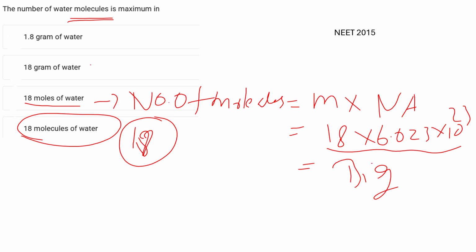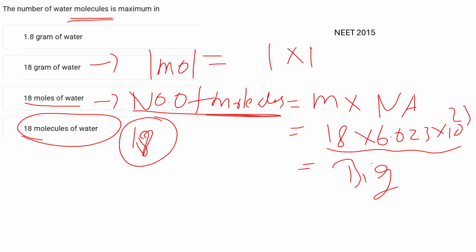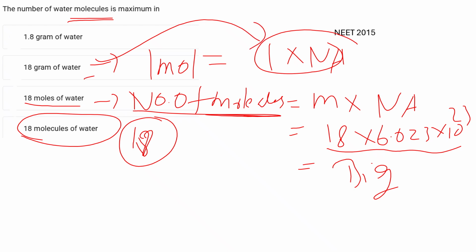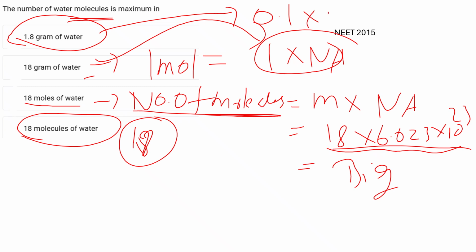Then 18 gram of water is nothing but 1 mole, so the number of molecules is 1 into Avogadro number. In option 2 there is 1 into Avogadro number. In option 3 there is 18 into Avogadro number. 1.8 gram of water is nothing but 0.1 mole, so there is 0.1 into Avogadro's number.